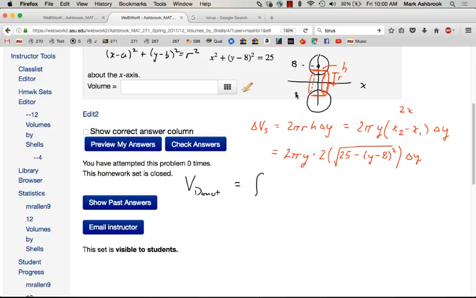So the smallest radius shell has a strip at y equals 3, that's 8 minus 5, and then the last strip will be way up here at the top, y equals 13, 8 plus 5. And then we're going to have 4 pi. So let's just take the 4 pi out. And then we're going to have y times the square root of 25 minus (y minus 8) squared dy.